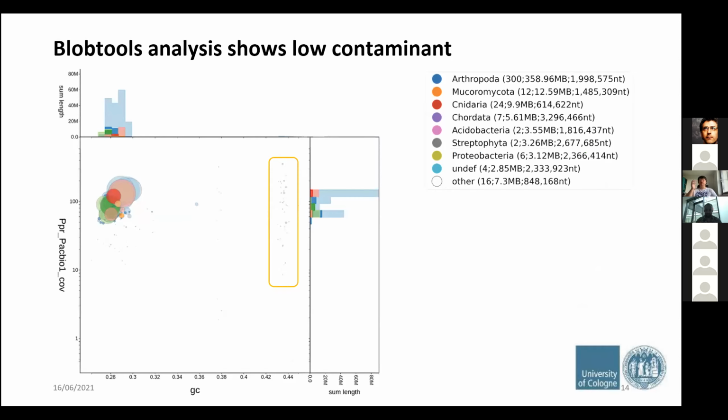So the protocol we built to extract our DNA is good to use. You can see here just a very few scaffolds in the yellow square show quite high GC content. But we didn't remove them because we want to leave them for further analysis like horizontal gene transfer, which I will talk about later.